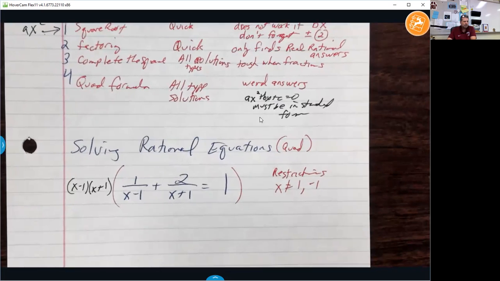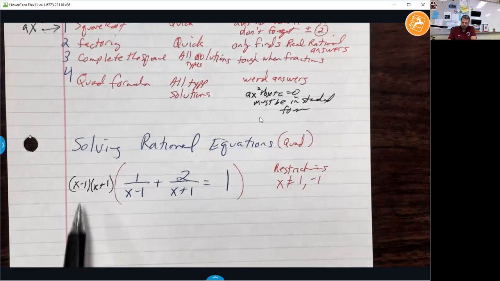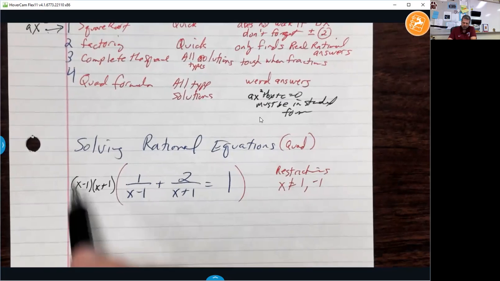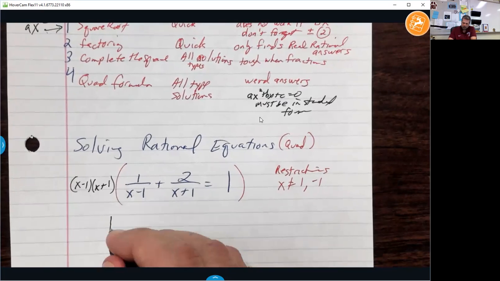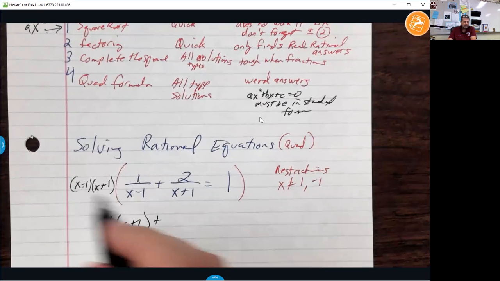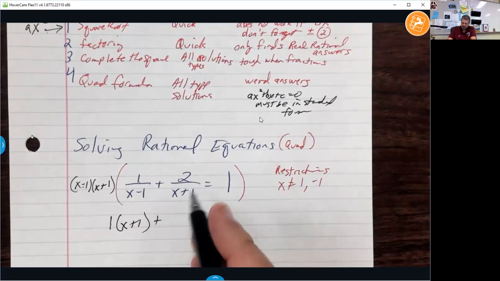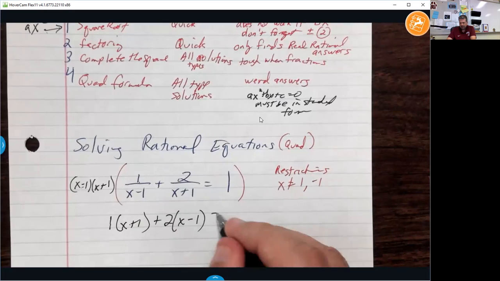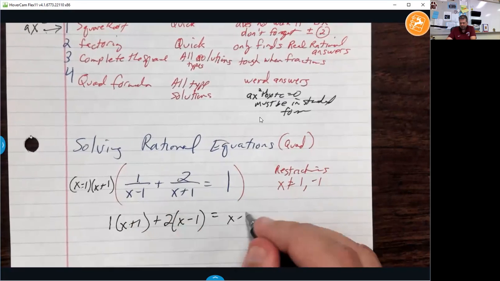So when I multiply this outside piece times this one, the x minus 1's cancel, which gives me 1 times x plus 1, plus, when these two multiply, the x plus 1s go away, so I'm going to have 2 times x minus 1. And on this side, 1 times both of them. We get this.